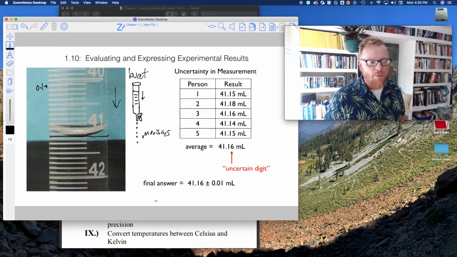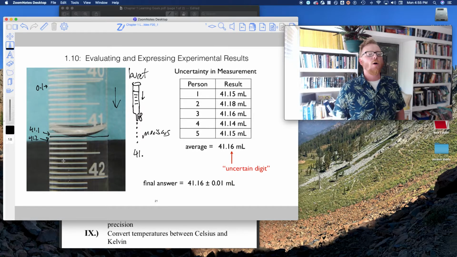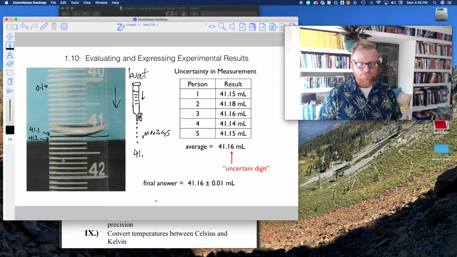So we know, for example, that it's 41 point, and then look, here's the 41.0, 41.1, and this line right here is 41.2. So we know our result is going to be somewhere between the 0.1 and the 0.2.